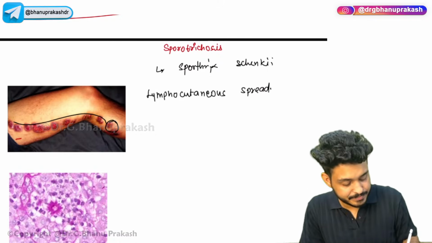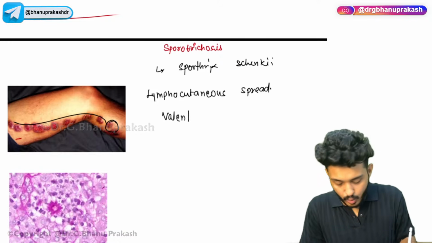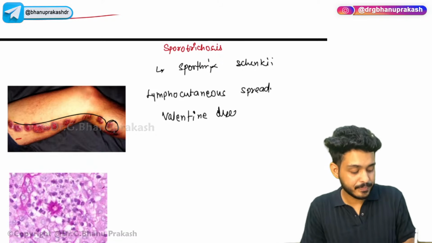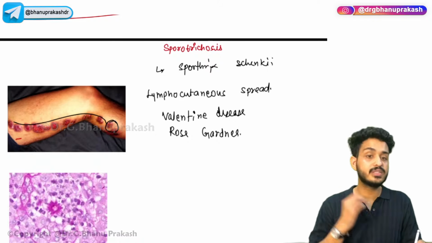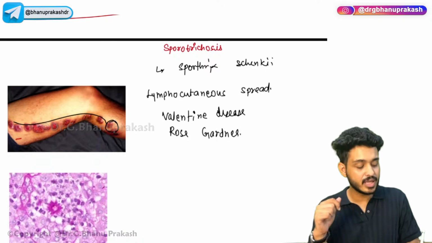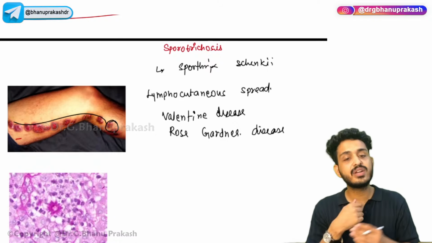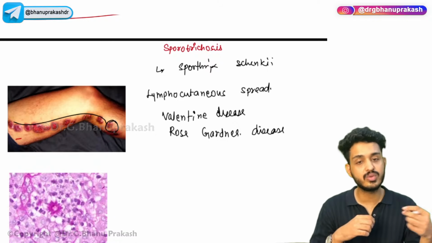Next, this is also known as Valentine disease, also known as Rose Gardener's disease. These are the buzzwords, the keywords you have to remember. In the question, they will give you a history of a rose gardener plucking roses.